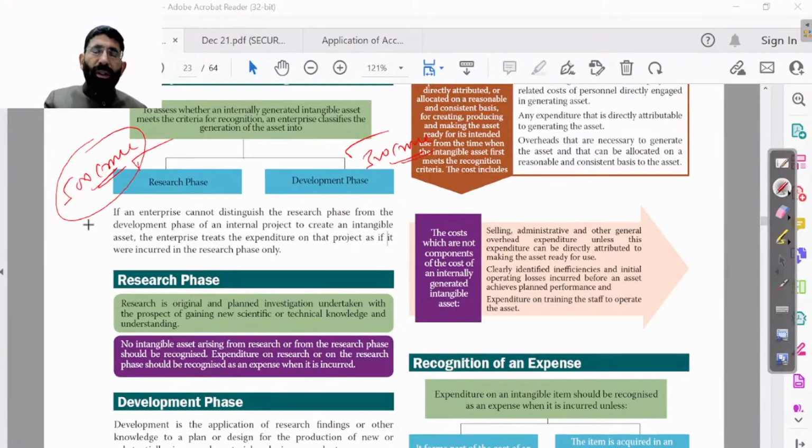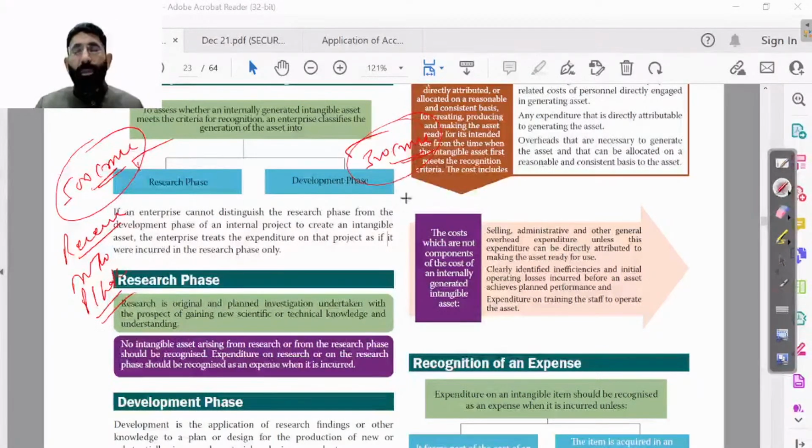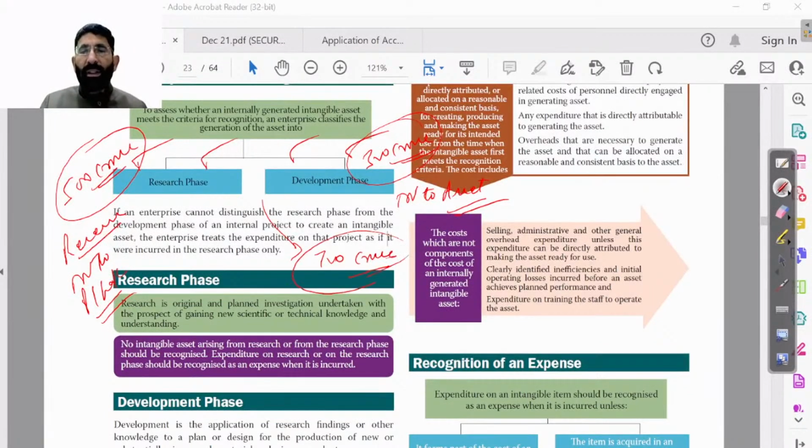Then what we have to do, this will be treated as an expense of research. It will be debited to the P&L account, because this is a routine process, we are doing research. And whatever expenses are incurred for development of that product will be debited to the asset account. But if the company says, I am unable to explain how much expenses are incurred in research and how much in development phase, yes, total expenditure incurred is 700 crores during the research and development phase.